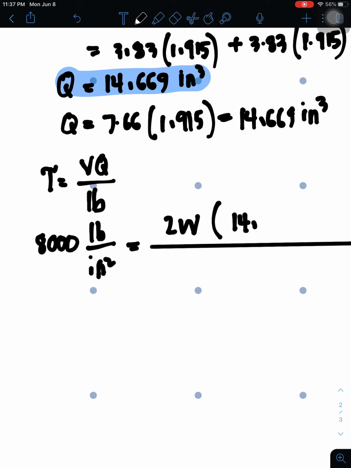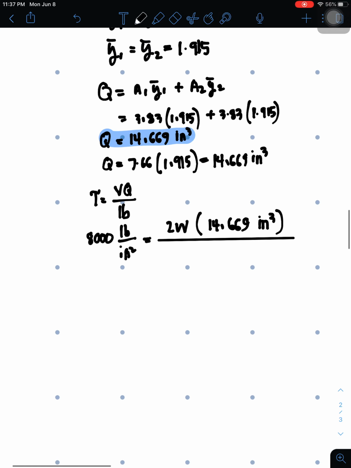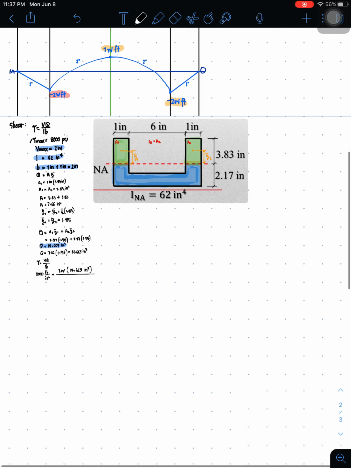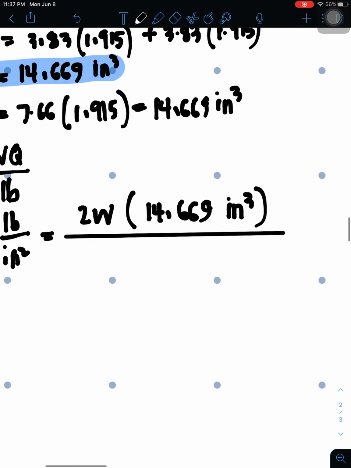And then the Q is 14.669 inches cubed. Then our I is 62 inches to the fourth.